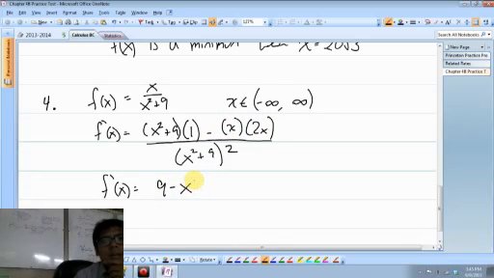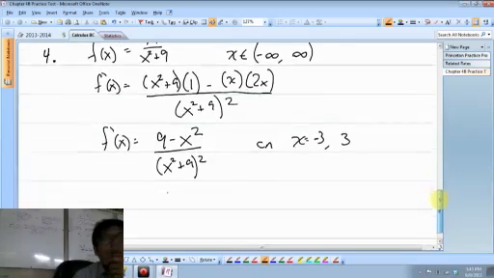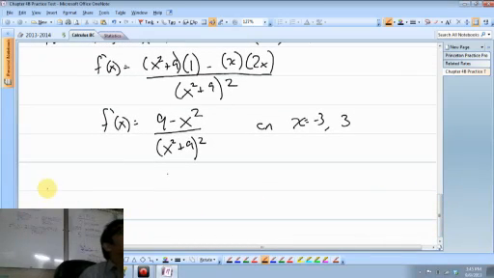So I think that's 9 minus x squared. Yes. Giving me critical numbers at x equals -3 and x equals 3. Pause for questions.